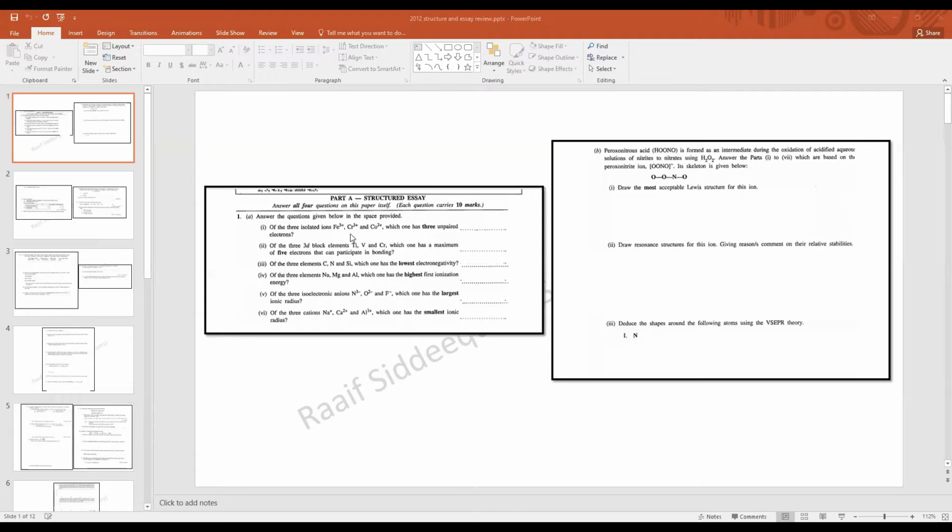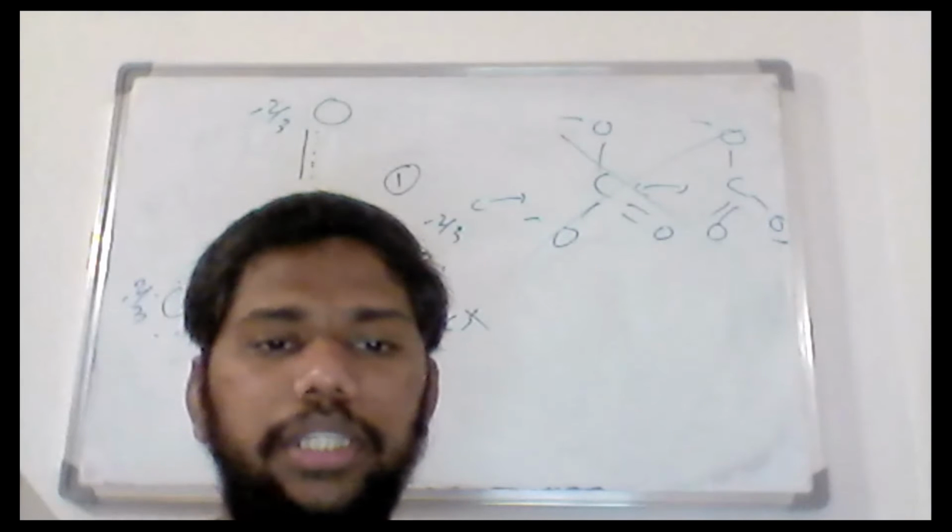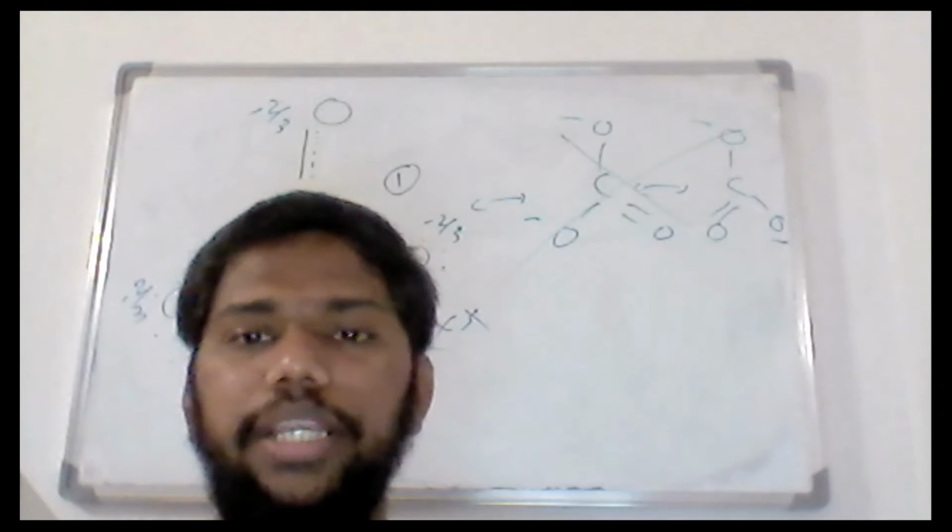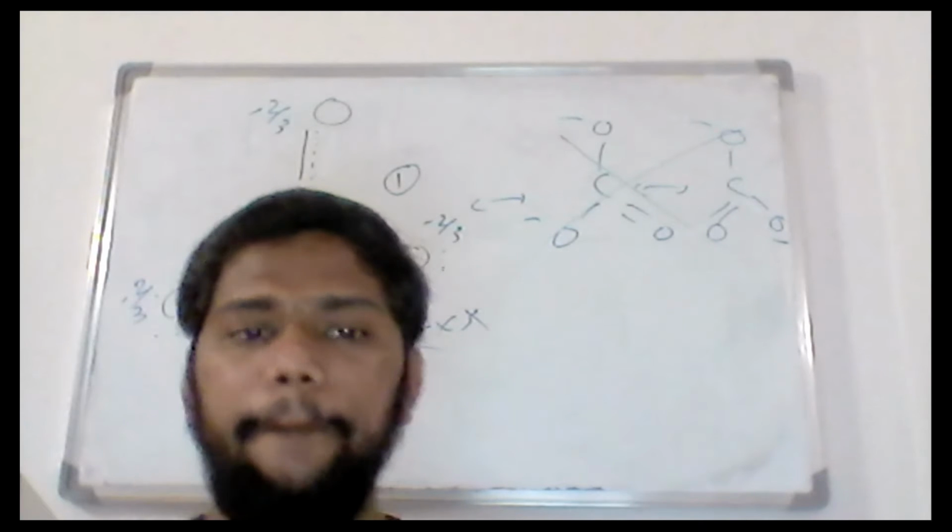So if you write down the electronic configuration of chromium and cobalt, you can clearly see. I will do it on the board, that is easy for me.